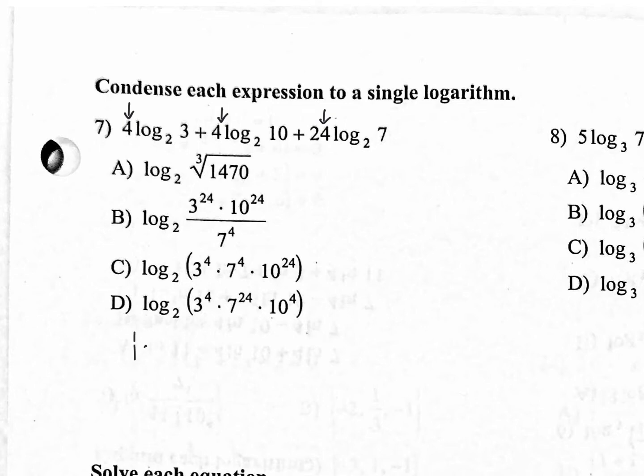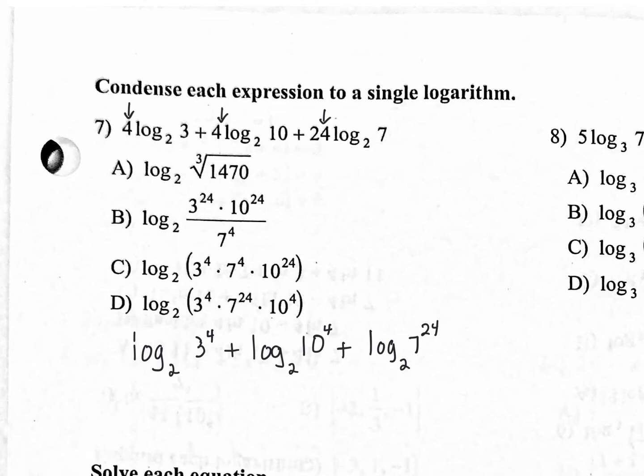So you have log base 2 of 3 to the 4th power plus log base 2 of 10 to the 4th power plus log base 2 of 7 to the 24th power.